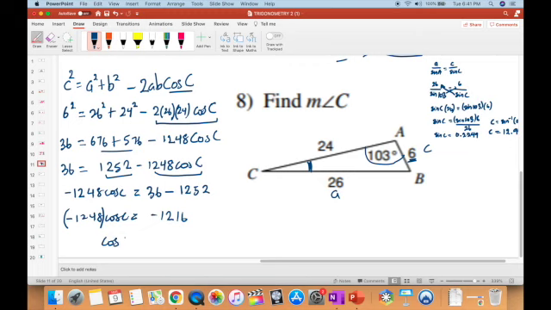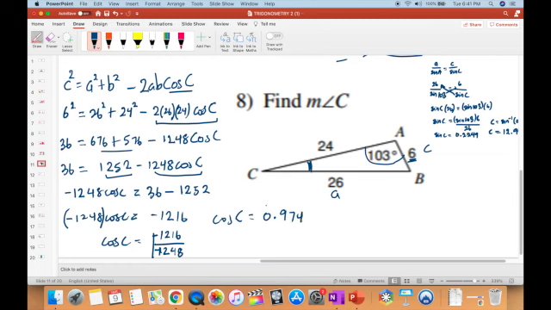So cos of C is equal to negative 1216 divided by negative 1248, and the negatives will cancel, of course. So 1216 divided by 1248 is 0.974. So the cos of C is 0.974. Did we get 0.9 last time?